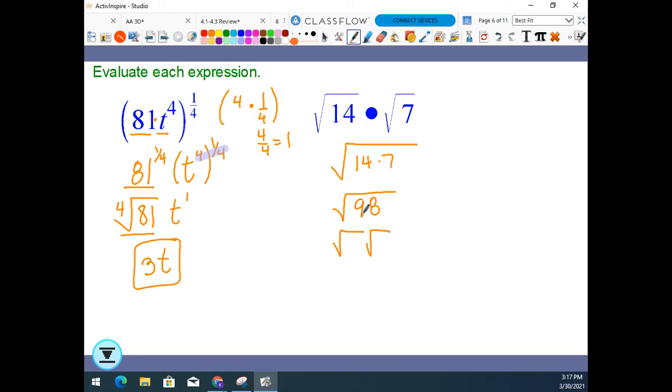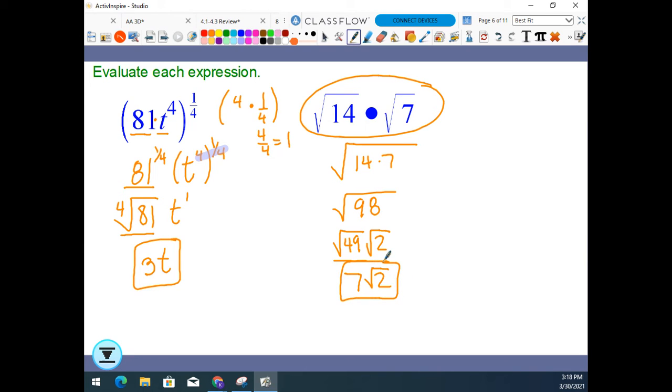The perfect square that goes in evenly is 49. 49 times 2 is 98. It didn't help me up here because neither one of these was a perfect square. But here, 49 is a perfect square, which is 7. But I cannot take the square root of 2, so I leave it 7 square roots of 2.